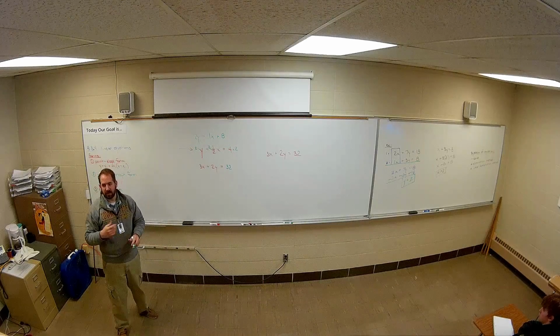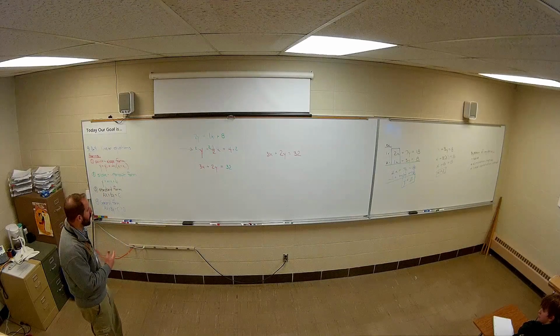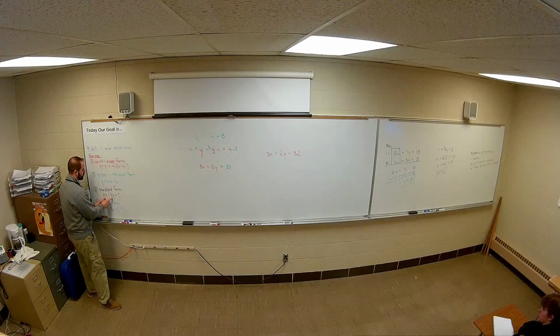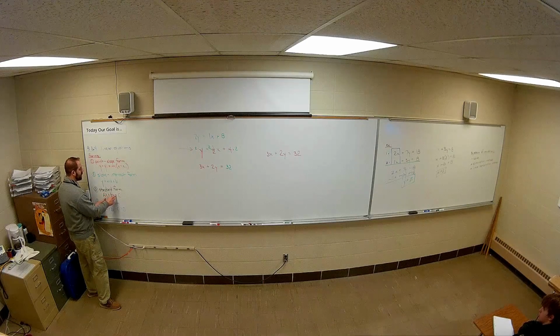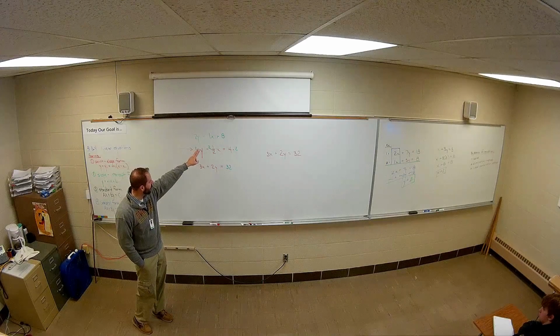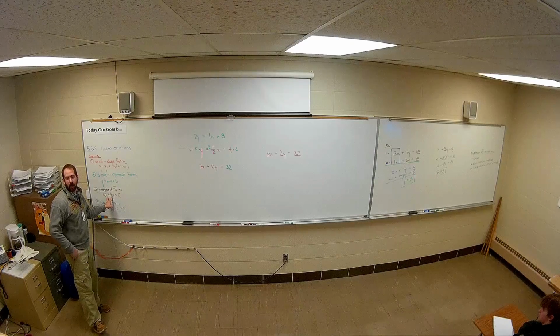Does that look like it's in the standard form, though? No. So what I need to do is change it. I need to move it around. I need to get it to look like this. So the x is out front, the y is behind it, equal sign, and then the constant. So on that problem, what is the only thing I need to move to make it look like this? Yeah, I need to move the x.